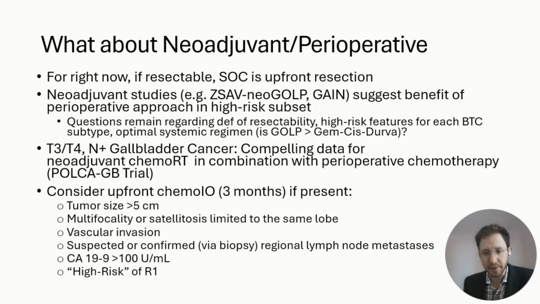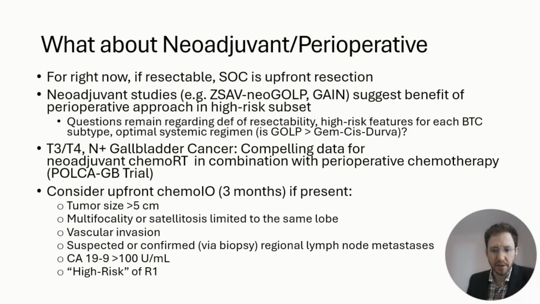And the results from NeoGAP, and even though GAIN was underpowered, there's a clear pattern that upfront 3 months of systemic therapy, chemoimmunotherapy, is providing a survival benefit in well-defined high-risk resectable patients.